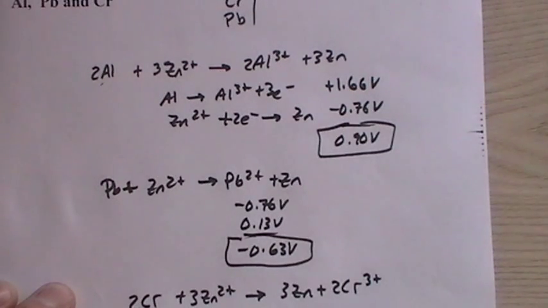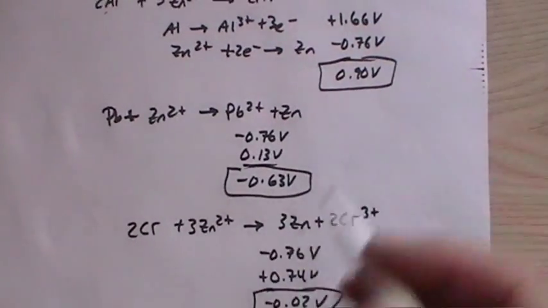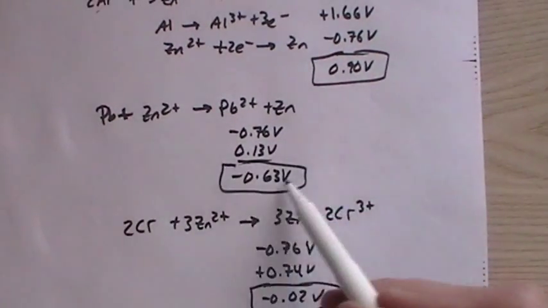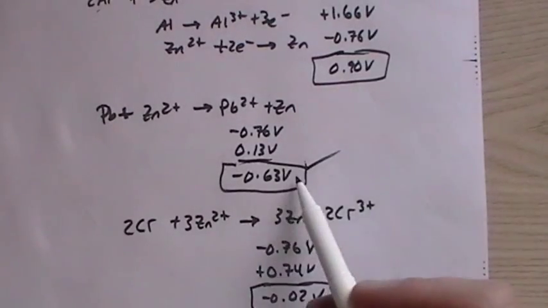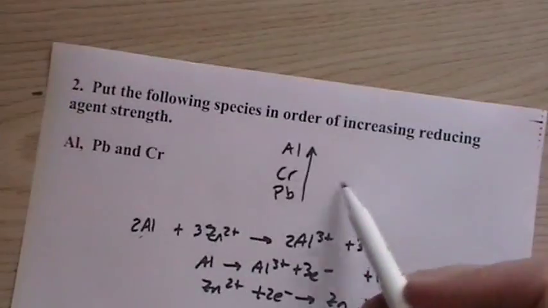So this comes up to be minus 0.02. So it's almost spontaneous. We should expect some sort of equilibrium where we'd see noticeable amounts on both sides, but it certainly is not spontaneous like the aluminum. So we'd say that lead would be the worst, because it's a very non-spontaneous reaction, and then chromium, and then aluminum, and that's what we said here.